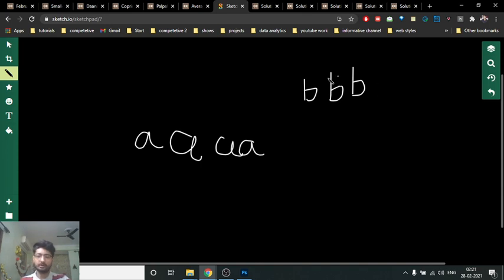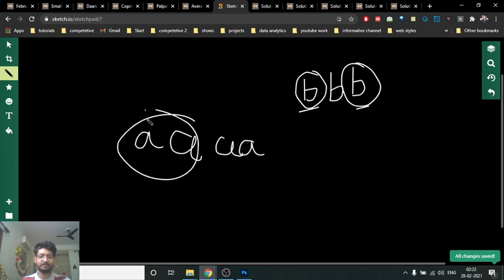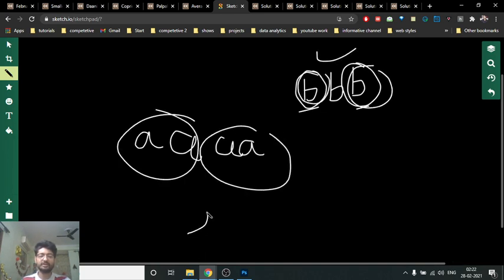This BB is occurring an even number of times. So you just store how many even pairs there are. Even pairs mean, like, this is one pair, this is one pair, but now this B is left. So just count the even pairs and the left out part.